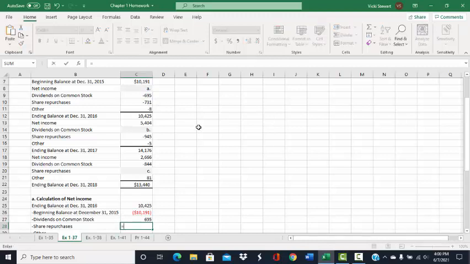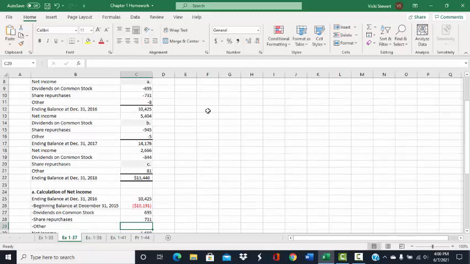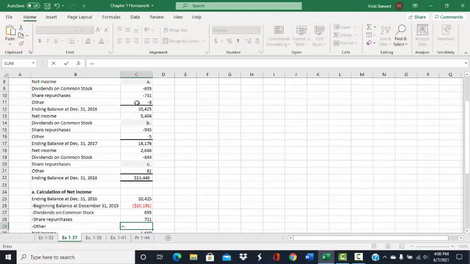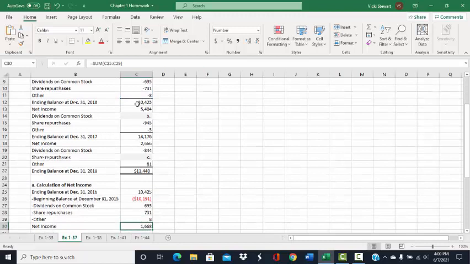The same thing for the treasury stock. We're going to subtract that amount, and that's also going to be now a positive number. And the same thing for the other. Since it's a negative, it will become a positive.